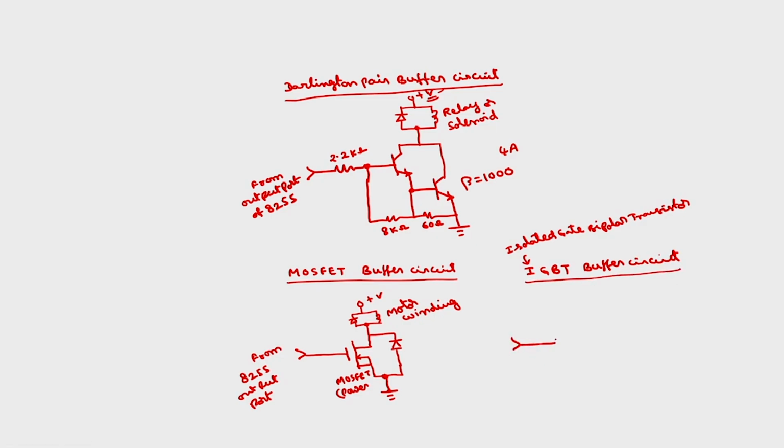This you have to take from the output port of 8255. Normally this is similar to the transistor only, but here the gate will be isolated.